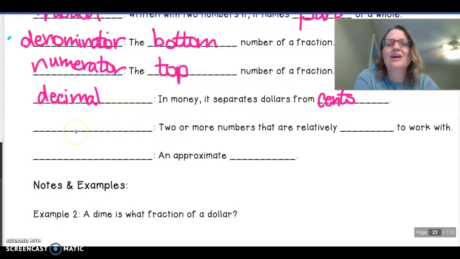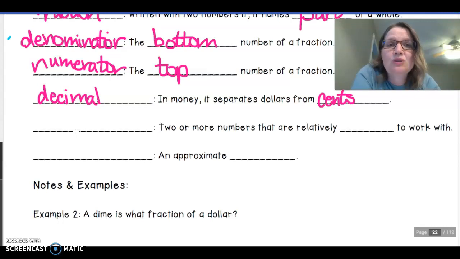And finally, I want to talk to you a little bit about compatible numbers. These are numbers that are relatively easy to swap out, an idea where we swap out a number for a number that's a little easier to work with. An example, for instance, would be $9.49.